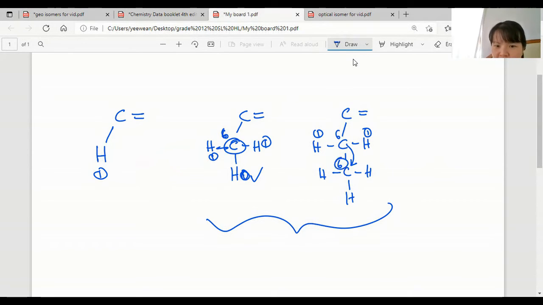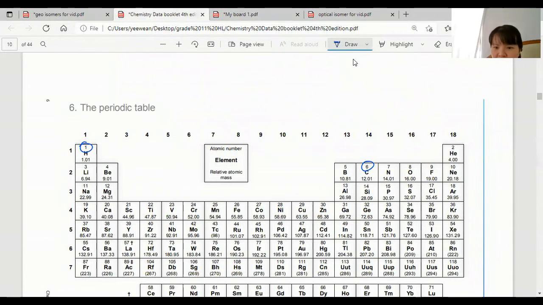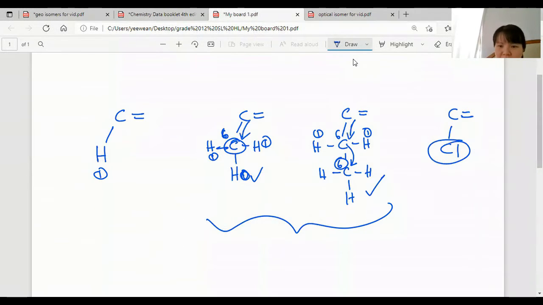So this is a higher number. This is at a higher priority. What if I have a Cl? If I were to compare, this is 6, and this is 6. A Cl is 17. So Cl is at higher priority.